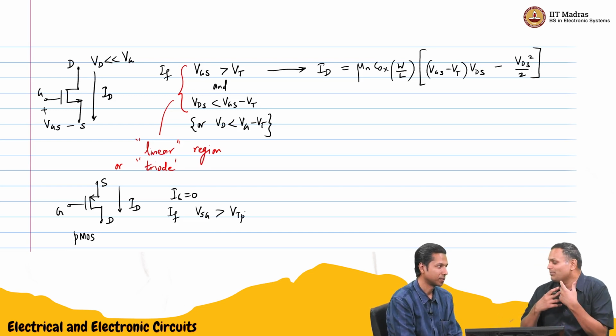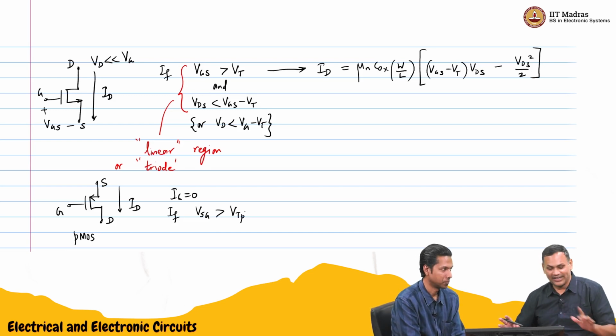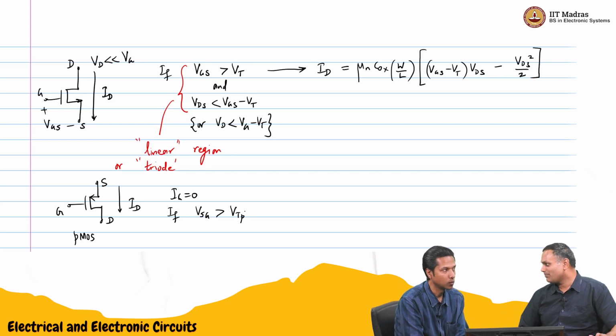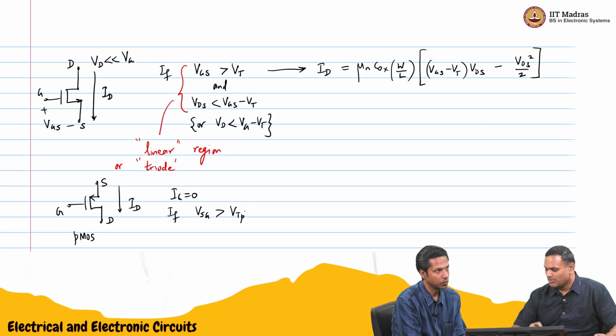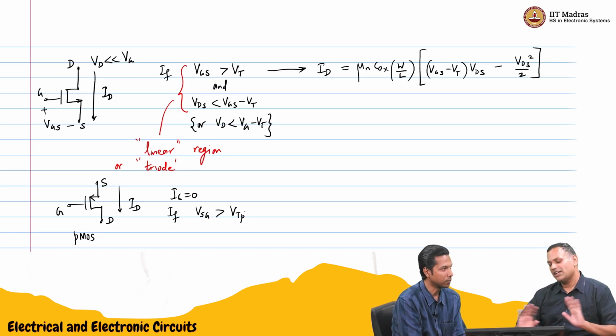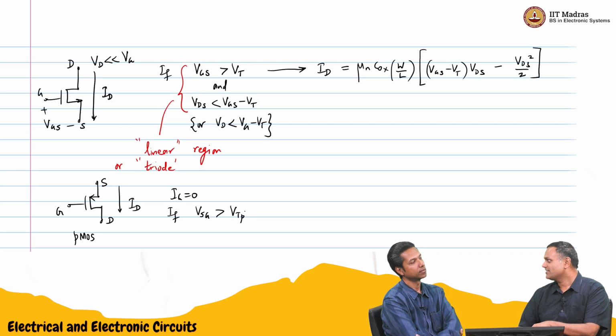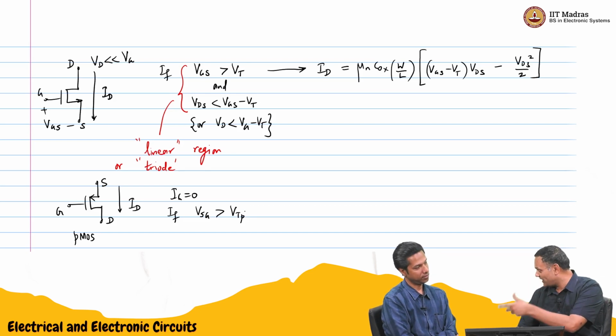So the pMOS is a completely different device. Just like an NPN and a PNP are completely different devices, a pMOS and an NMOS are completely different devices. They will have different device characteristics also. With the BJT, the equations were the same, as long as you change BE to EB.